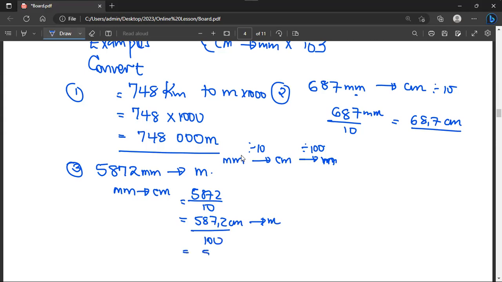The answer becomes... But for someone who has seen it straightforwardly, it is the same as taking 5,872 millimeters and dividing it by 1,000. How do you get the 1,000? It's this 10 here multiplied with this 100. You get 1,000. So straightforwardly, your answer becomes 5.872. Don't forget the units.